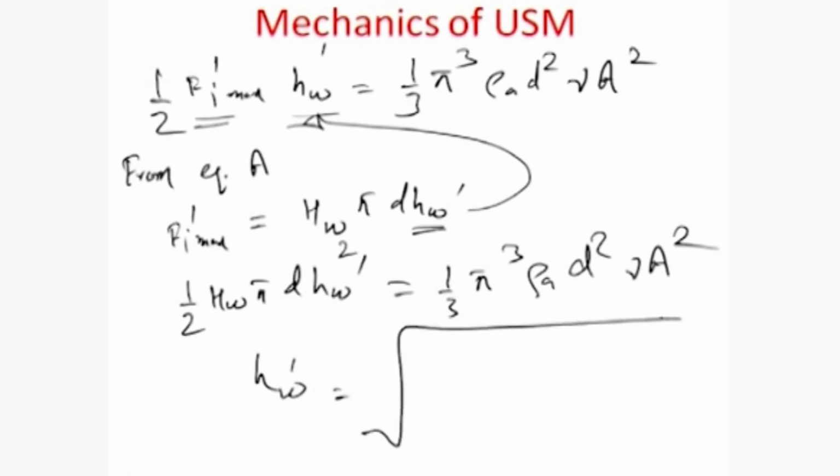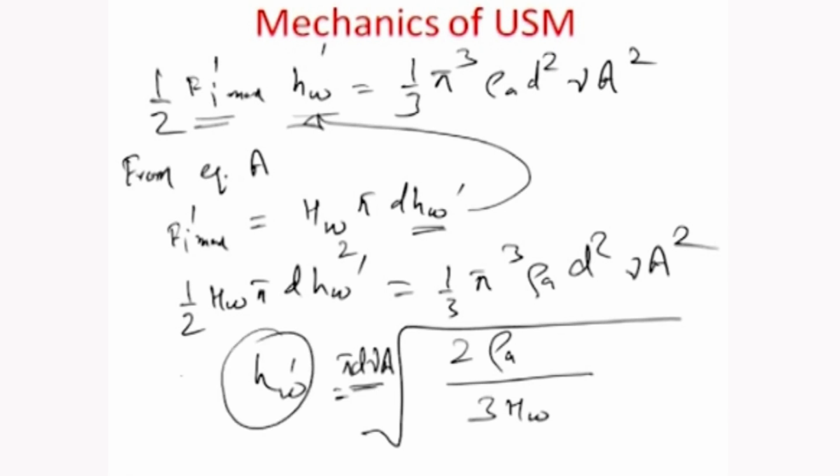as the under root of twice rho A abrasive grain density by 3 HW times of pi small d nu A. Okay. So, comparing this HW dash that you have obtained with the earlier HW that was for case of a hammered grain or a direct impacted grain, we find out that HW is very high in comparison to HW dash.